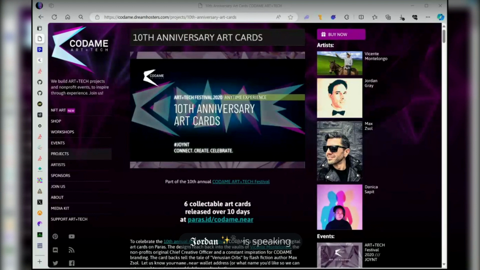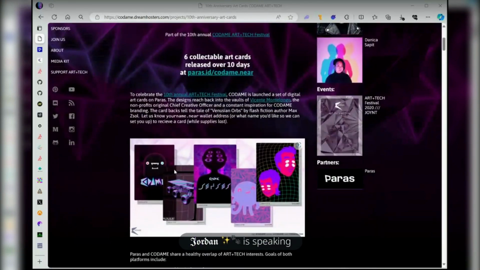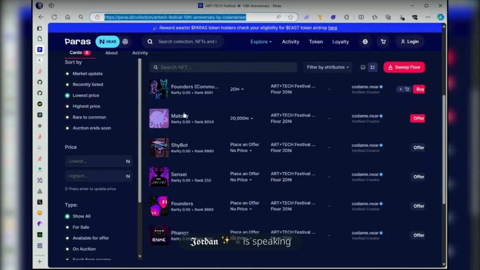So through Kodame, we partnered with Paras and did a set of cards to commemorate our 10-year anniversary. And those are still available on Paras. You can still collect them today. And Paras was one of the first NFT marketplaces on Near.